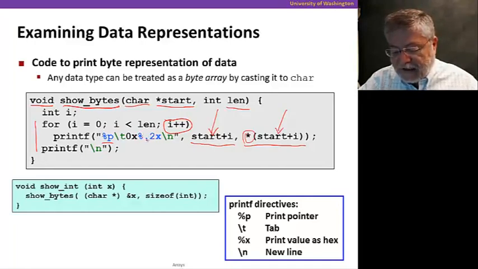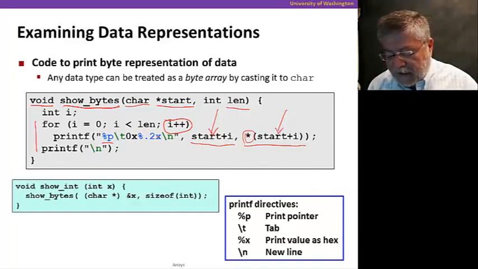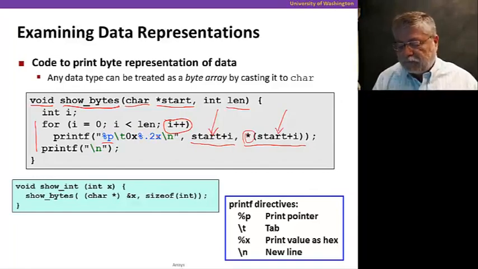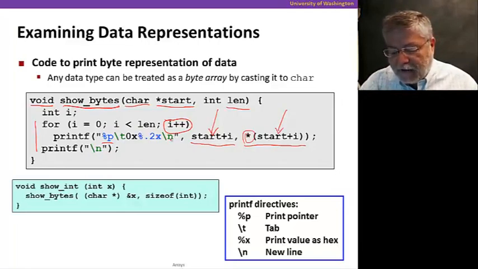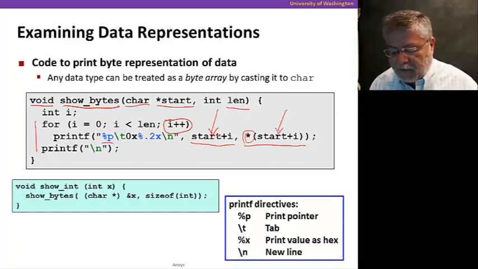And then the %.2x is a special notation for saying print a hexadecimal value of 2 digits, followed by a new line. That hexadecimal value of 2 digits is just the value stored at that address. Okay? The second element here in our print statement.